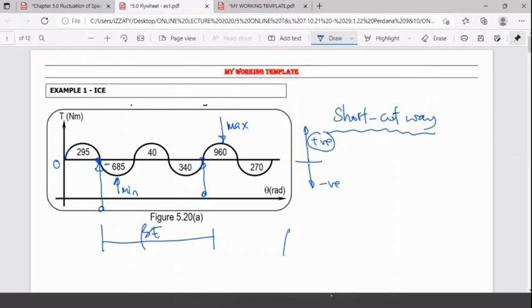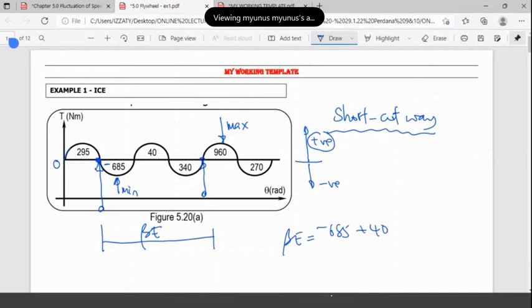So beta E is equal to, do you understand me or not, class? The shortcut way. Okay, now beta E is equal to what? Beta is equal to negative 685 plus 40. You have minus 340. What do you have? This one will be 340.